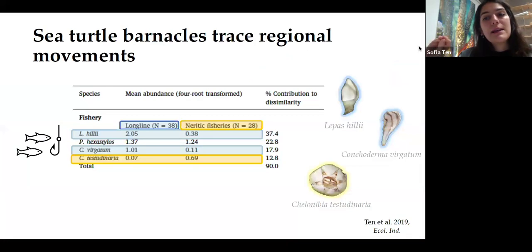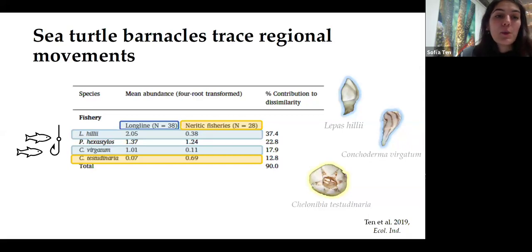What we found is that the epibiotic community of these three species, which are also the most abundant ones, differed. The turtles that were captured by pelagic longline, the oceanic fishery type, had a much greater abundance of these two lepadids, these two species of barnacles, whereas the ones that were captured by neritic fisheries had a much higher abundance of this other barnacle, Chelonibia testudinaria.